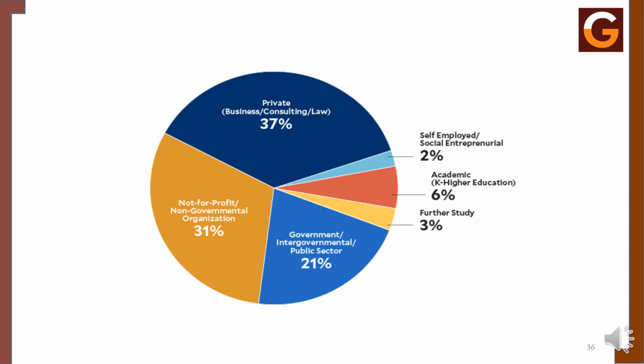Career opportunities are there in government organizations or the public sector. Career opportunities are there in non-governmental organizations, as well as in international agencies, also in academic sectors and in social entrepreneurial sectors also. Career opportunities of environmental studies are seen.